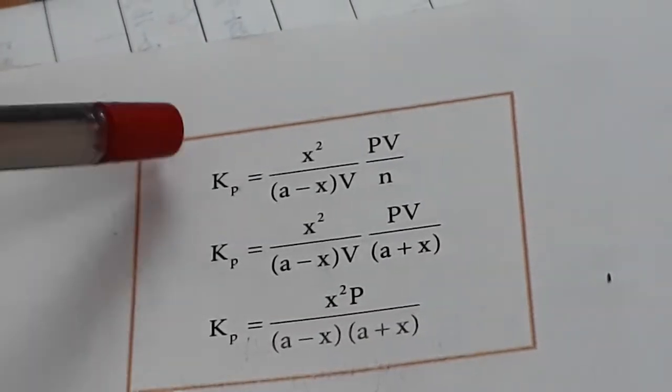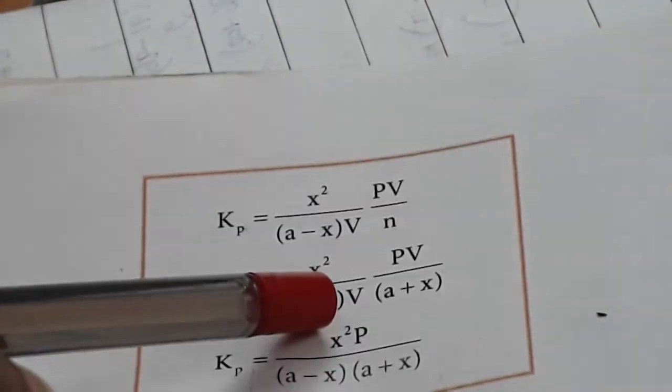So we get the partial pressure relation depending on the ideal gas equation.